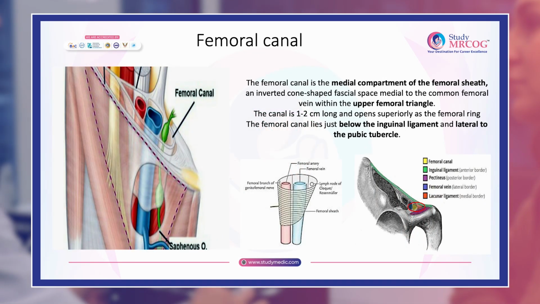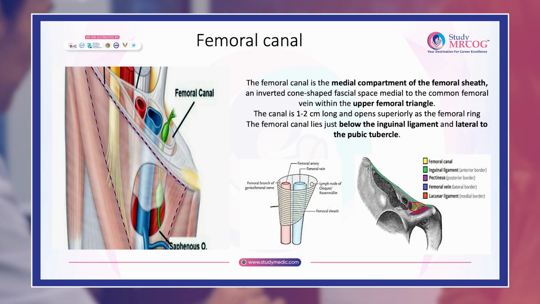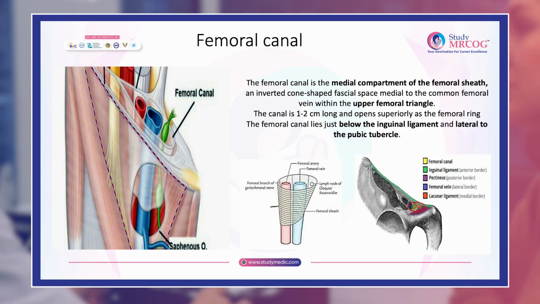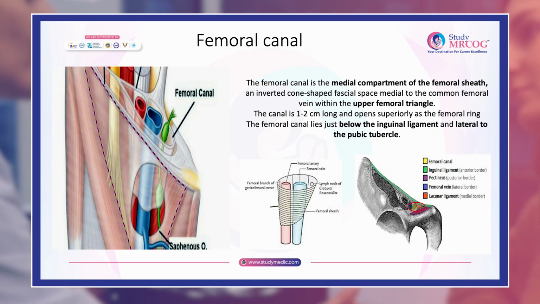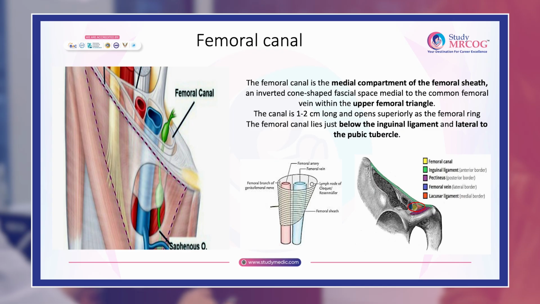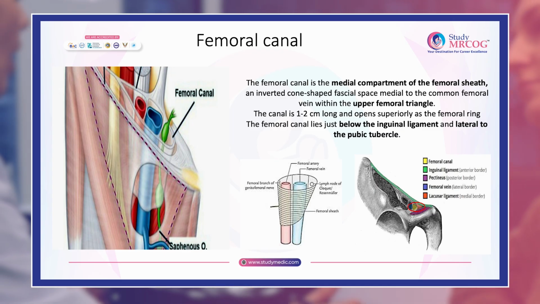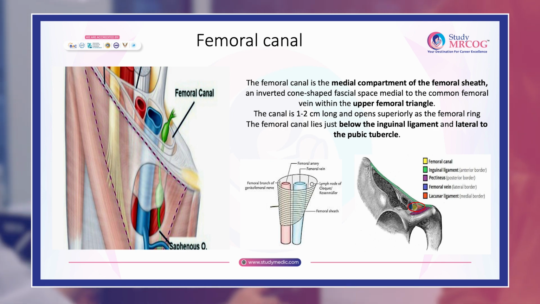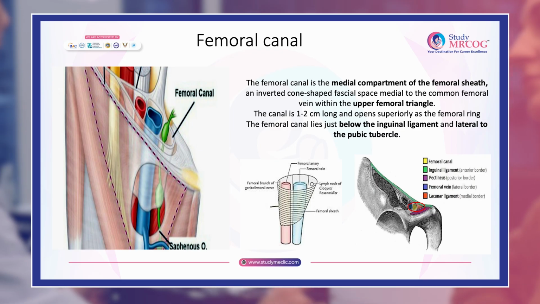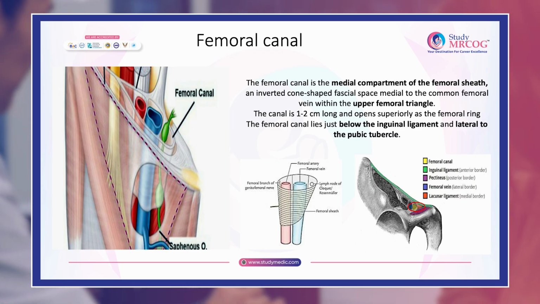Another canal located in the same region is the femoral canal. It is located in the anterior thigh within the femoral triangle, and you can think of it as a rectangular shaped compartment with 4 borders and an opening. The medial border is the lacunar ligament, and the lateral border is the femoral vein.